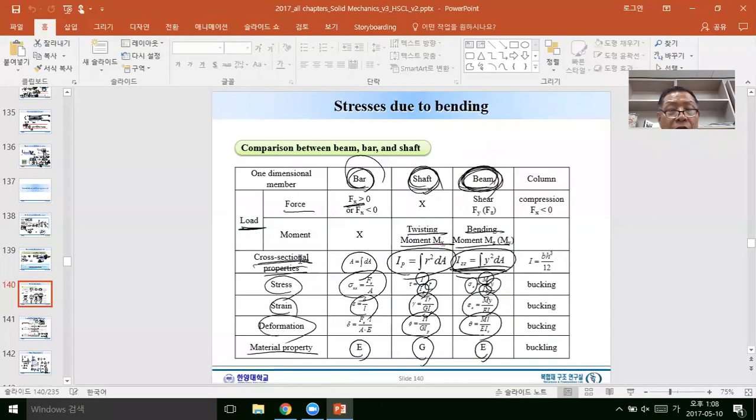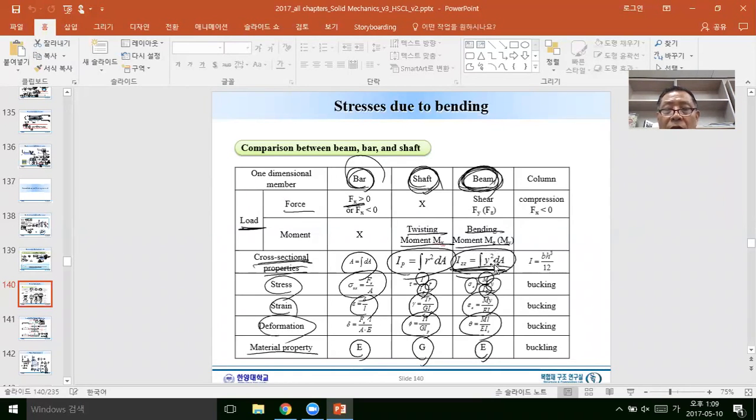And for the cross-sectional property, in the shaft, the cross-sectional property was the polar moment of inertia, IP, and this was the result of the torsion theory. For the beam, similar to a polar moment of inertia, we now have a moment of inertia, which is defined as the integral of y squared dA, where y is the height coordinate.